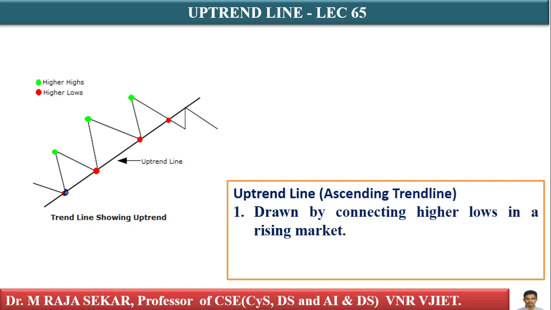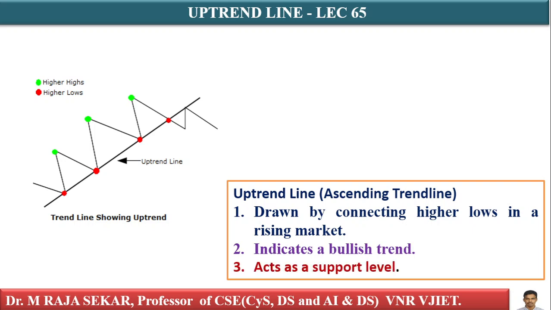This is a higher low, this is a higher low, this is also a higher low, this is also a higher low. I am drawing this particular line, the uptrend line. How can I draw it? Draw along successive higher lows in a rising market. What does it indicate? It indicates a bullish trend.